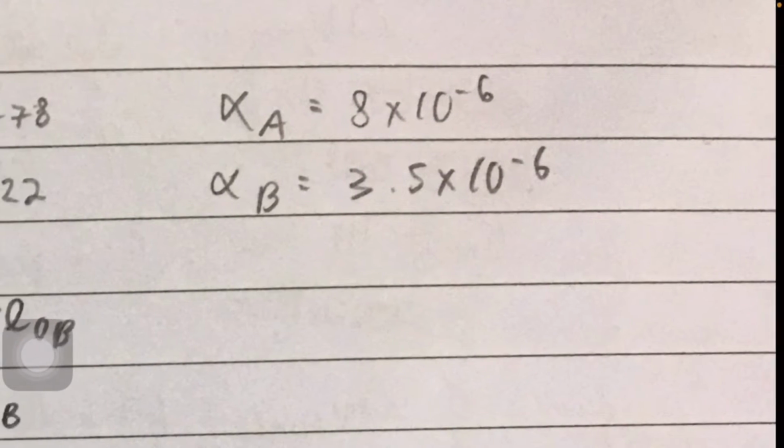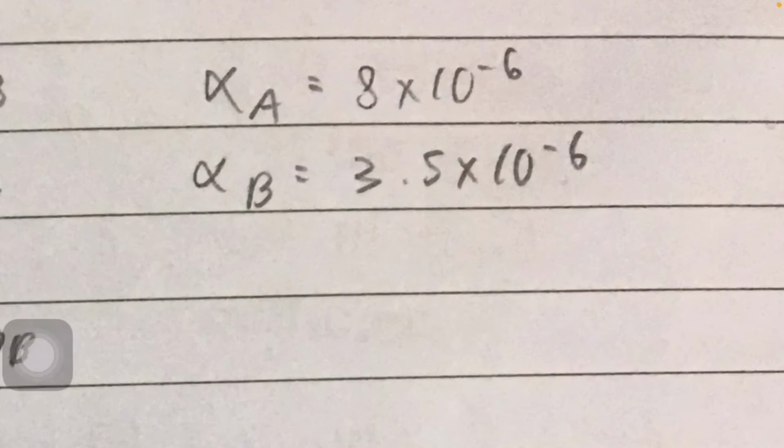For the first, we have alpha A and alpha B, which we get from question B1: alpha A is 8 times 10 to the power of negative 6, and alpha B is 3.5 times 10 to the power of negative 6.